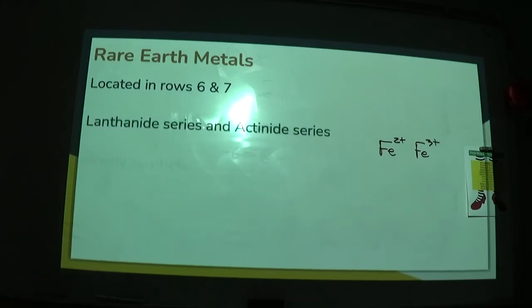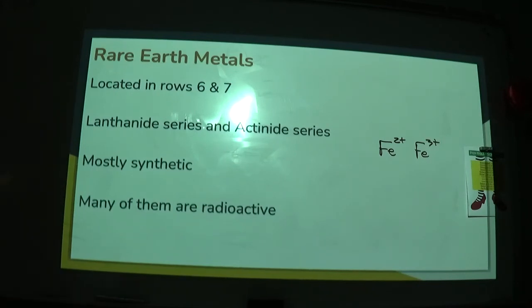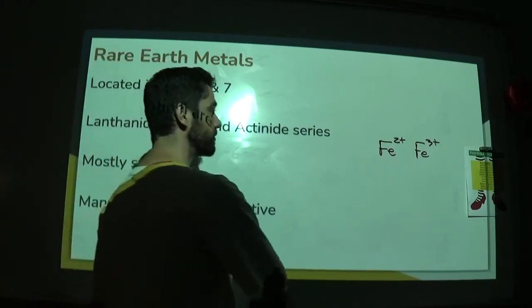The only thing I can tell you is they're mostly synthetic and some of them are radioactive. That's a fancy way of saying I don't know much about them, but they're a thing. If you're a nerd, you can go to the periodic table website and learn about them, or Google them and teach me about them, because I have not learned much about them.